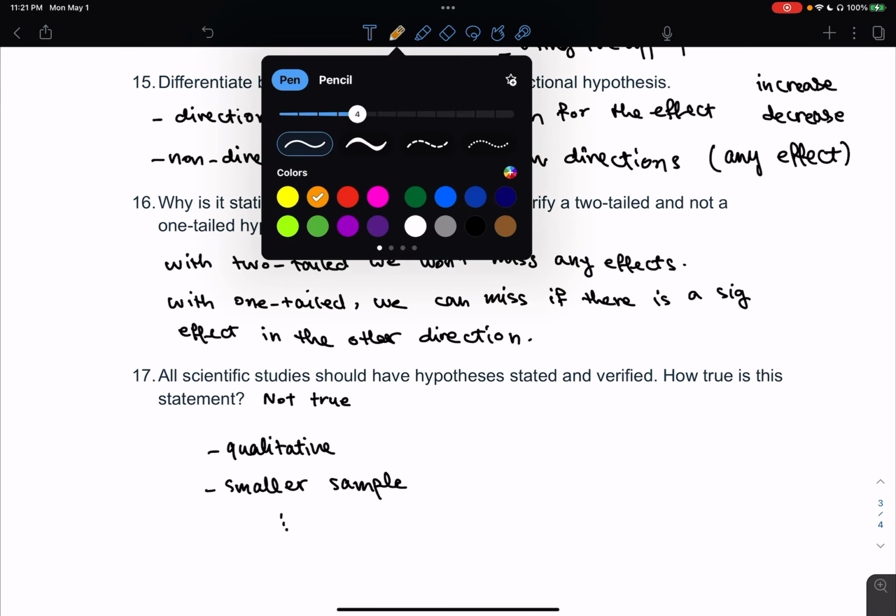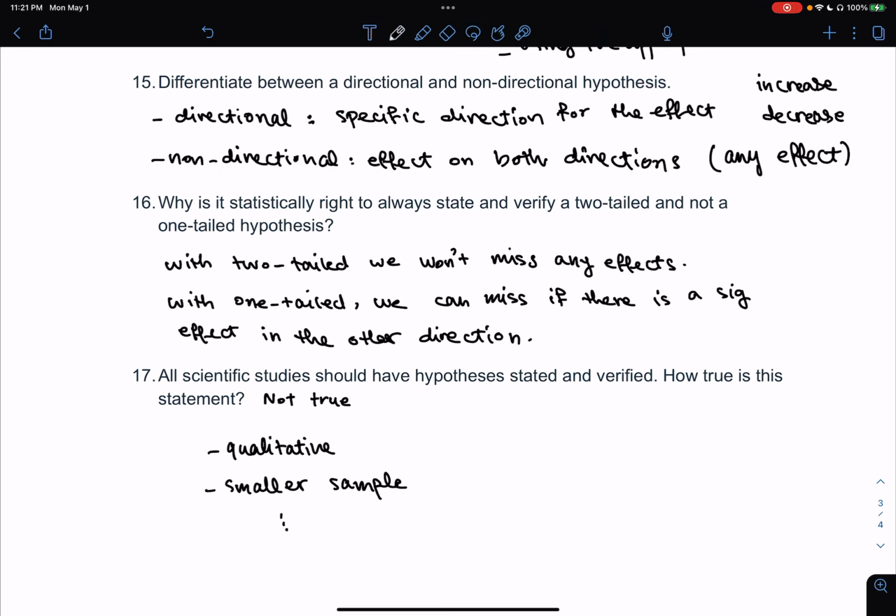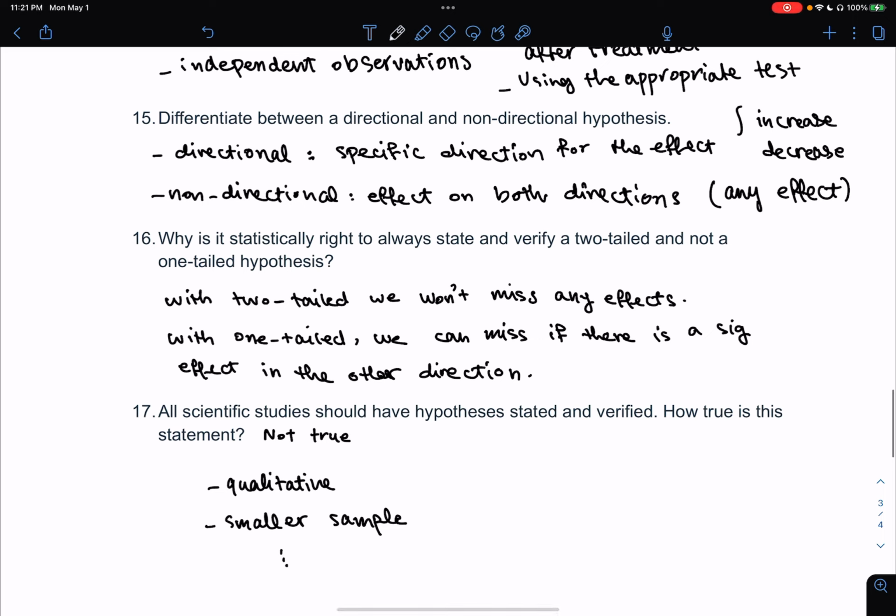So with the two-tail test, we won't miss any effects. Because imagine, as we said, we might be looking at an increase or a decrease. It could be that we are looking at an increase, but the effect that actually happens is a significant decrease.